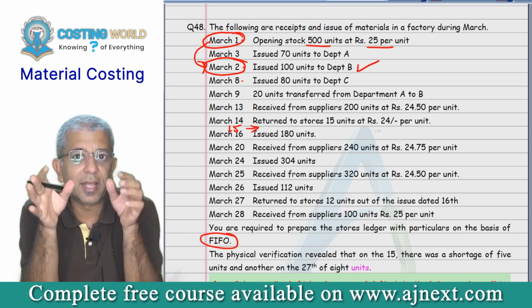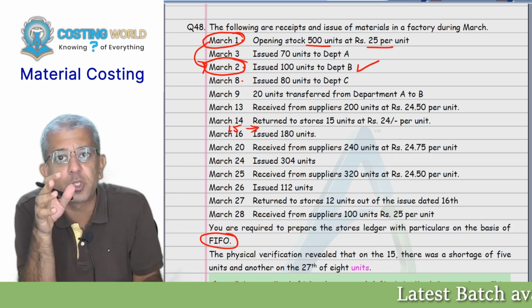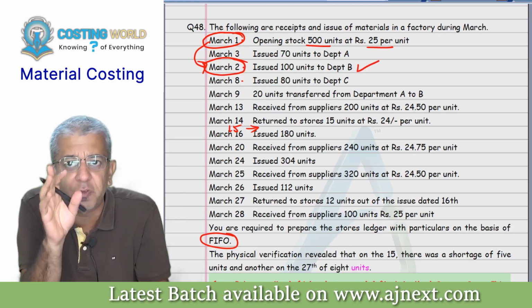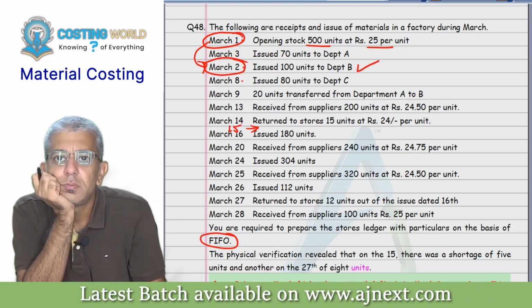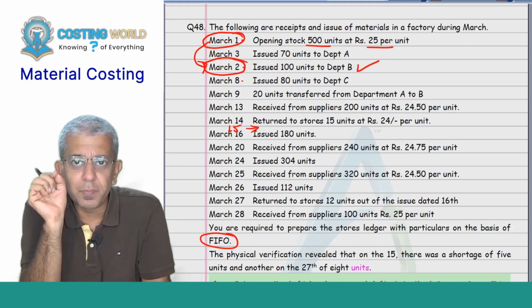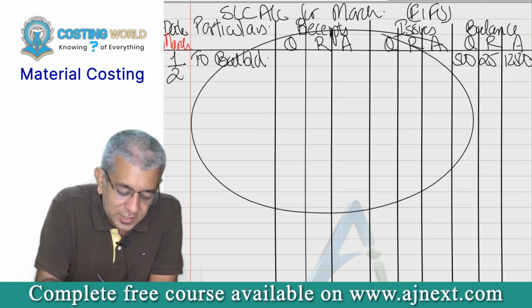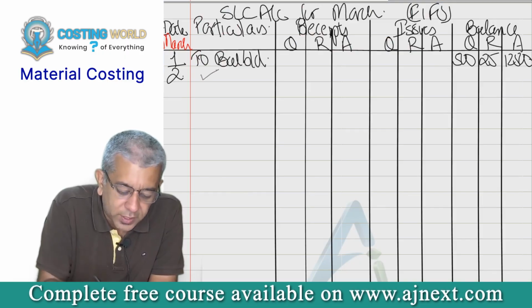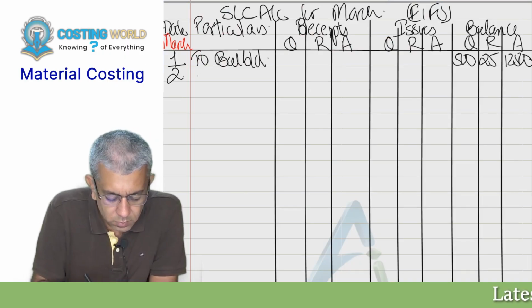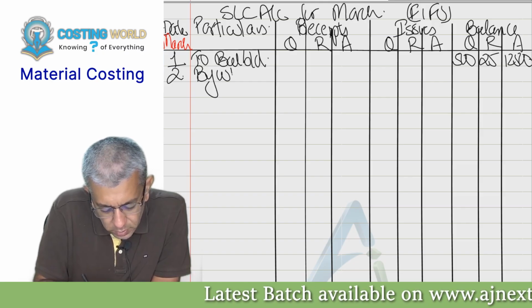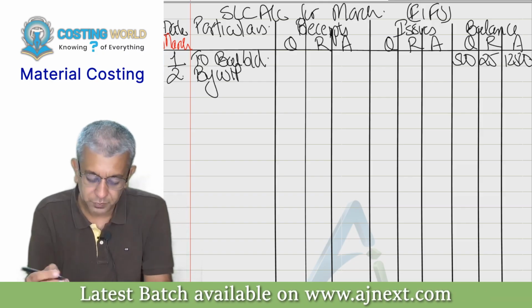Now, everybody will tell me this: issued 100 units to department B. What will be the entry for this? It will be WIP account debit to SLC account. Now see, this is already your SLC account. So tell me what I should write over here. By WIP.